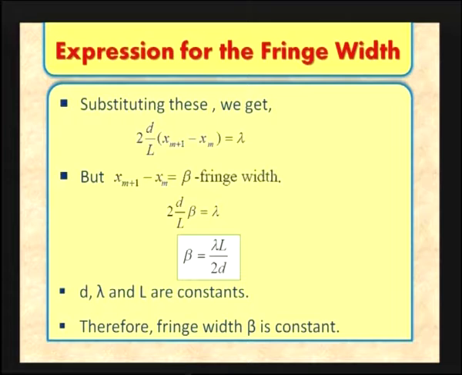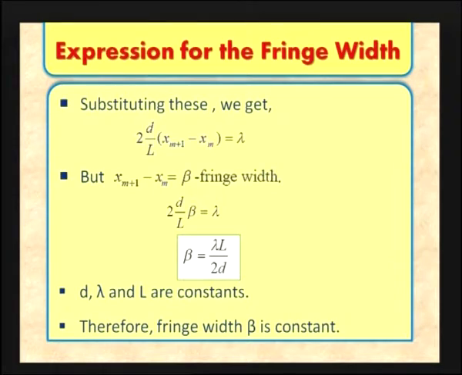We will usually be using a sodium vapor lamp. So, lambda is fixed, and d refers to the thickness of the paper or the diameter of the wire. These are constants, therefore the fringe width beta will be a constant. For a given wire of a particular thickness, beta will be a constant. This is a very important expression, you get the bandwidth.